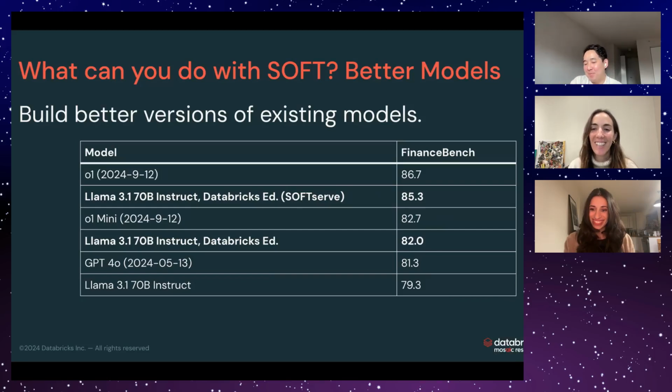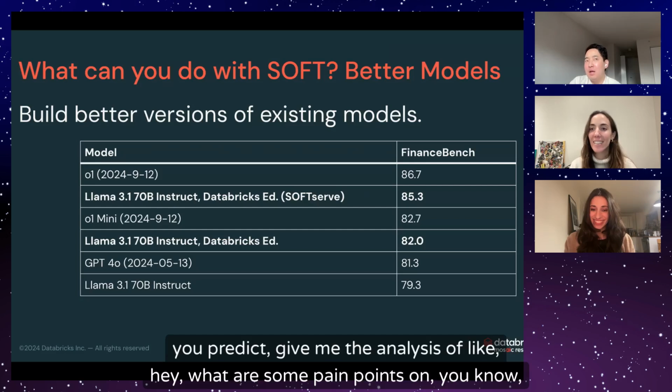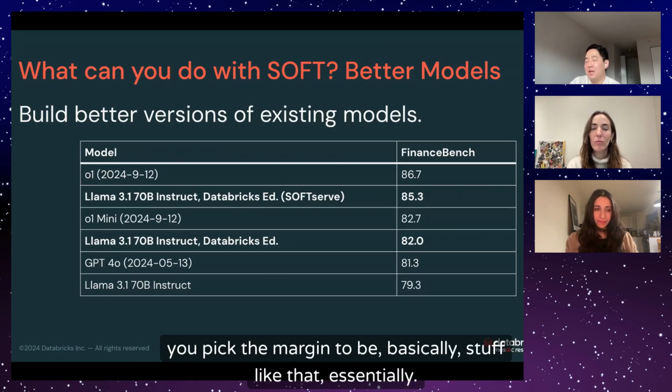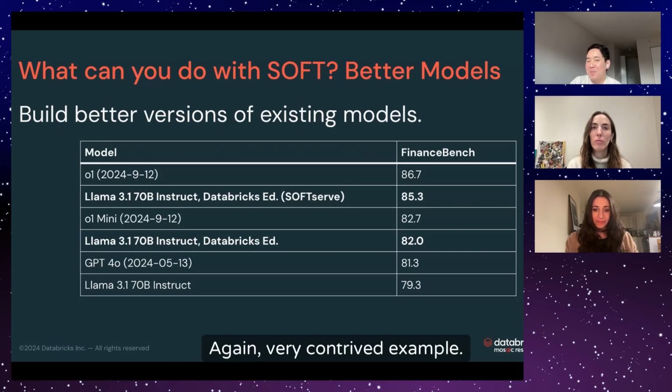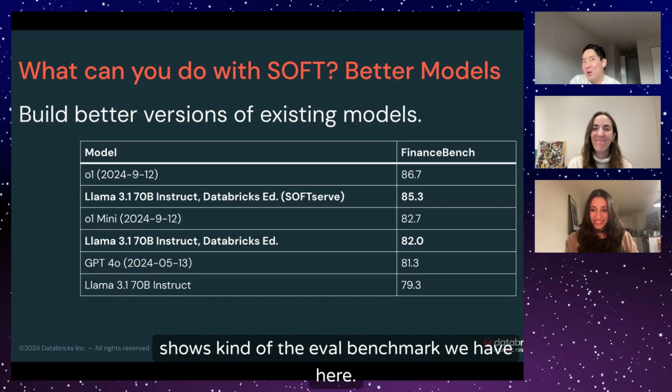But given these documents, can you give me an analysis of what some pain points on free cash flow are? What's the given margin, what's the updated margin, or what would you pick the margin to be? Basically stuff like that. Hopefully that's enough of an example to show the eval benchmark we have here.